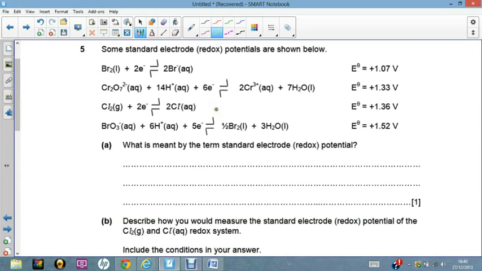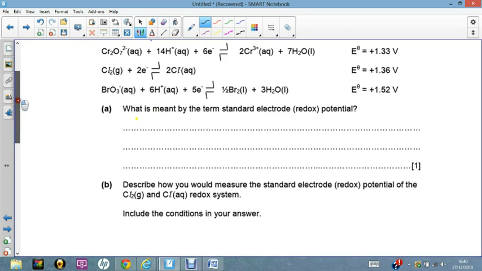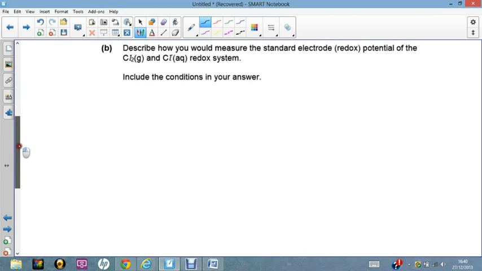F325 Christmas mock question 5. So again, another electrode potentials question. We've got the definition of standard electrode potential. Again, 10%ish of your paper will be on definitions. This one is the EMF of a half cell compared to the hydrogen reference electrode. Underneath that, we've got a diagram to draw showing how we would measure the standard electrode potential.